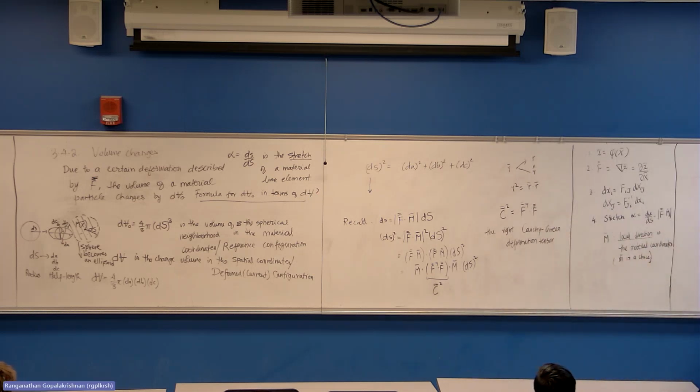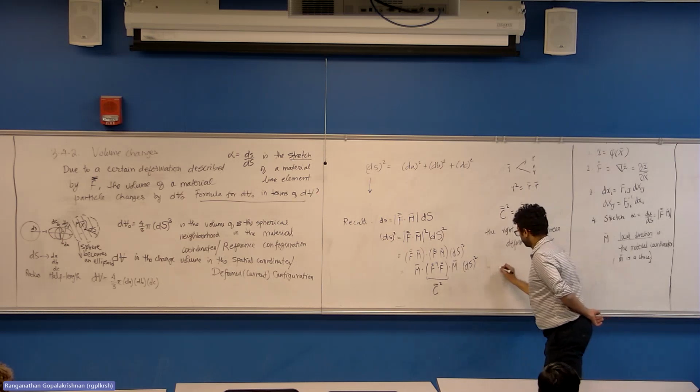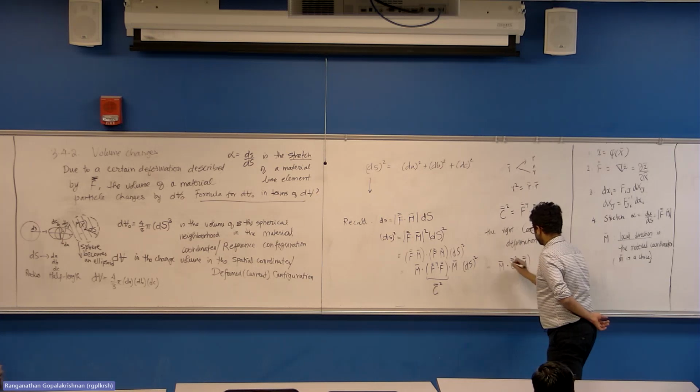That is, we write this as m dot C dot m multiplied by dS squared.